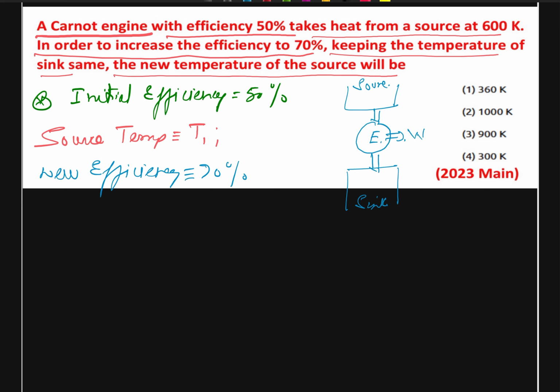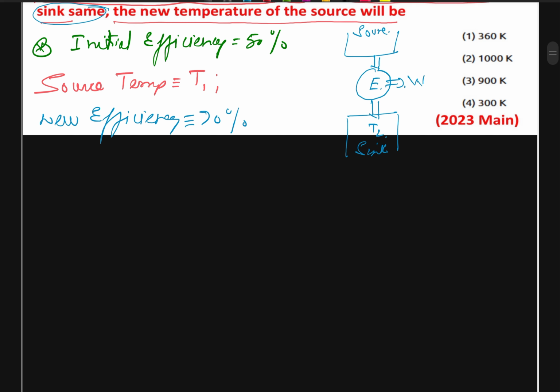And it says that the temperature of the sink is going to remain same. The temperature of the sink is, let us suppose, T2, and it will be same for our initial efficiency as well as our new efficiency.